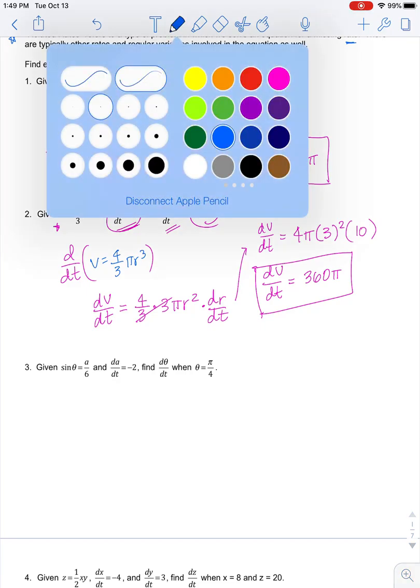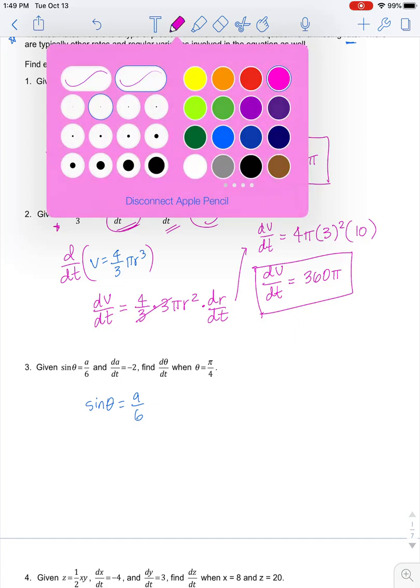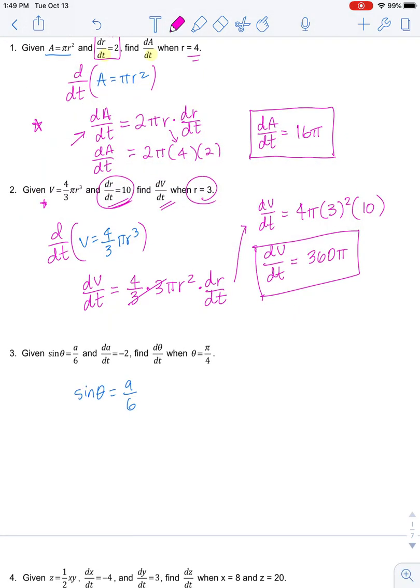Let's take sine of theta, which is a over 6, and let's differentiate that with respect to time. So the derivative of sine theta is cosine theta, as you would expect, but it's implicit, so that would be d theta dt. And then a over 6 is a variable over 6.